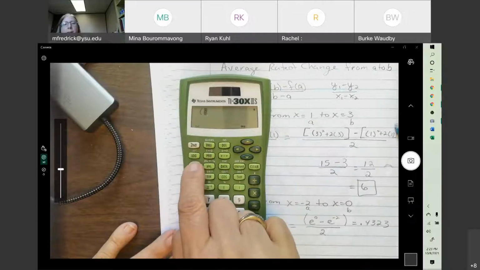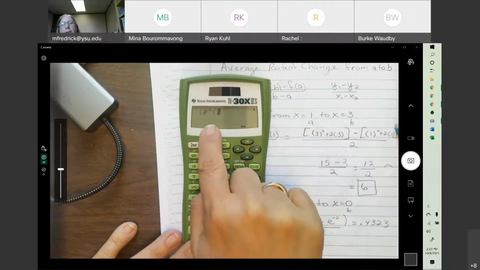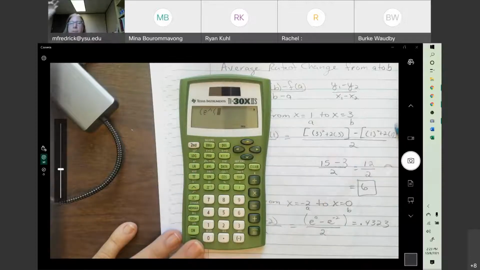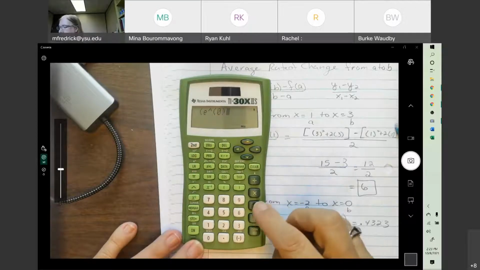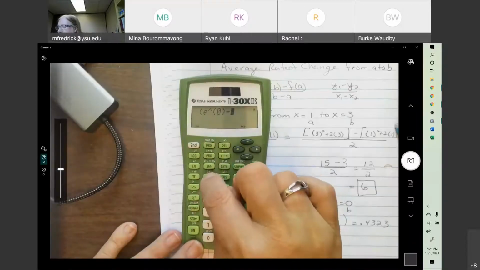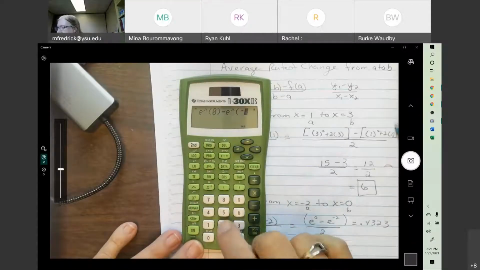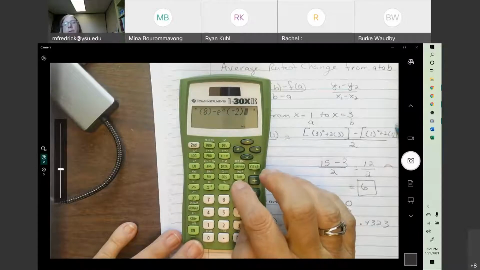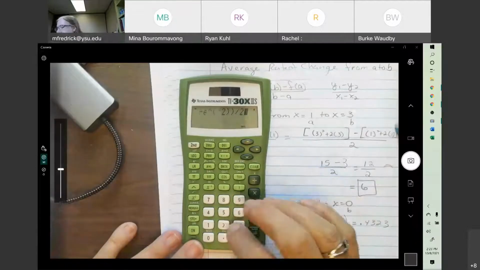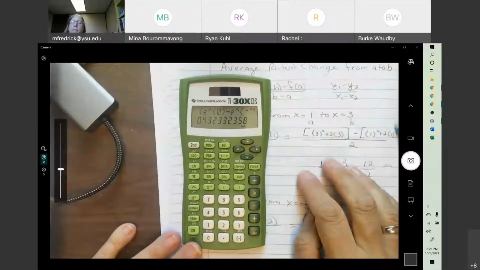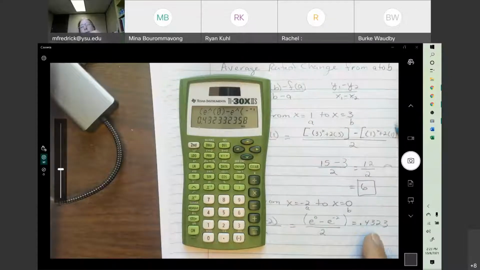So second E. That caret is the same as exponent. 0 minus, bring the E back, -2, close my parenthesis, and divide by 2. So you're going to get the same answer, just looks a little bit different. Any questions on that?